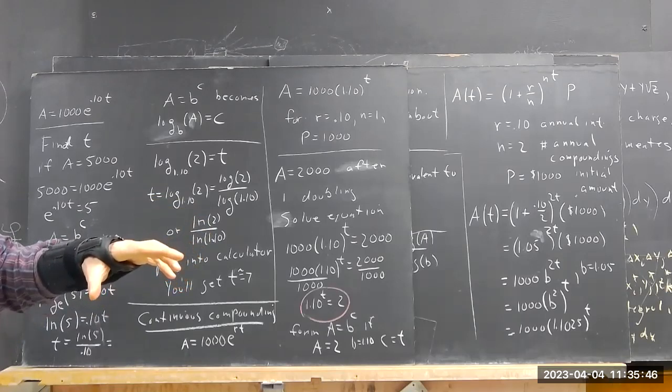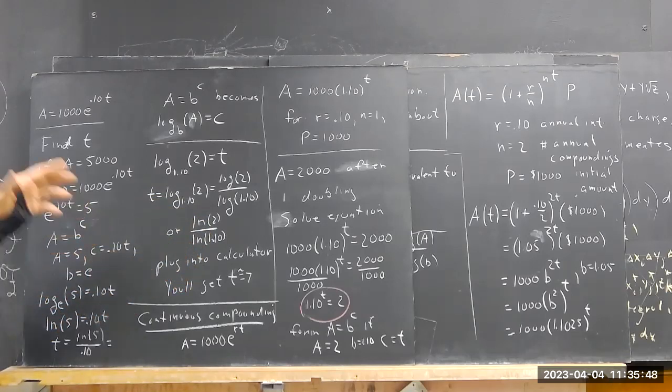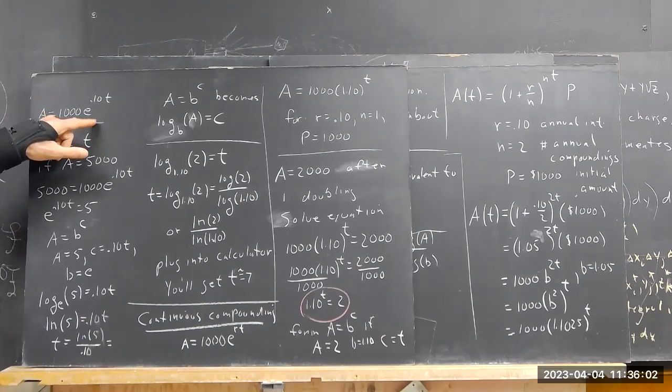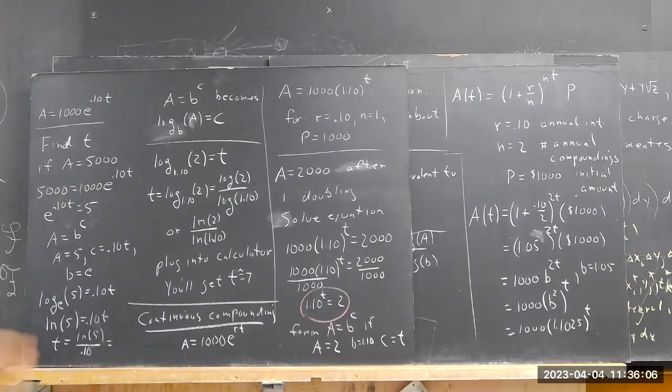I'm guessing it'll be about 16 years. So we set 5,000 equal to 1,000 e to the 0.10 t. There's our equation. We divide both sides by 1,000, we get e to the 0.10 t equals 5.